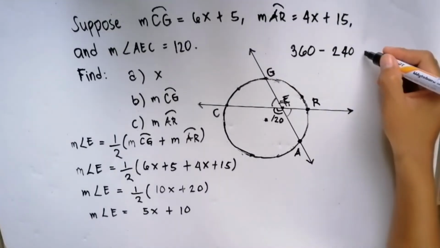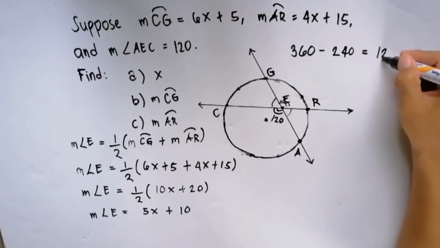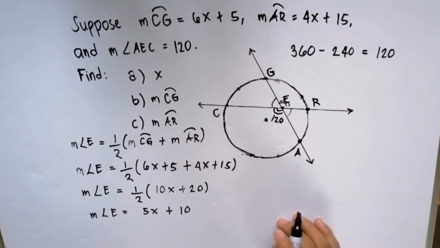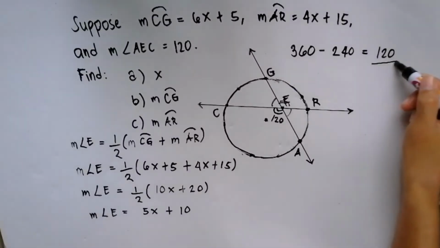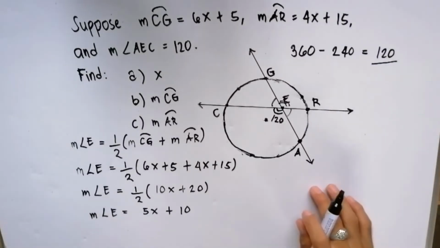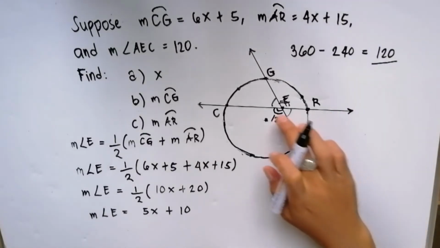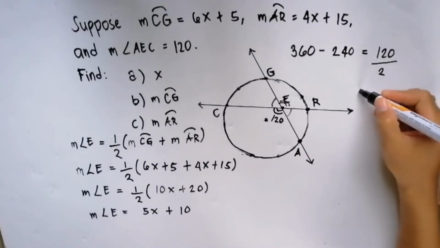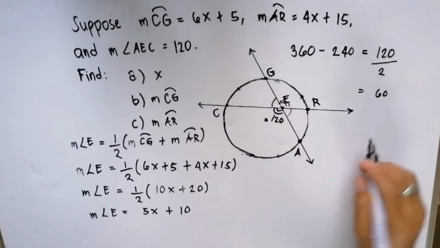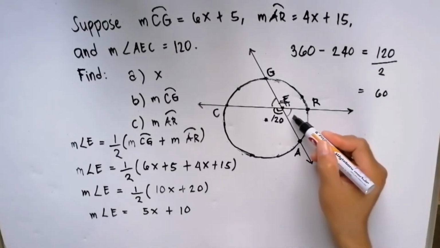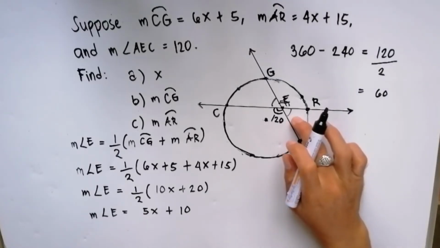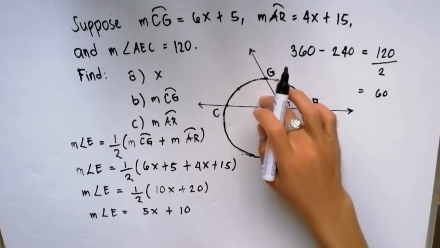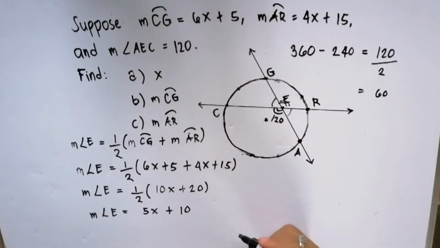And that is equal to 120. Then this 120, divide it by these two angles. So we're going to divide this by 2. That is equal to 60. So the measure of this angle is 60, and also this angle, the measure is 60.